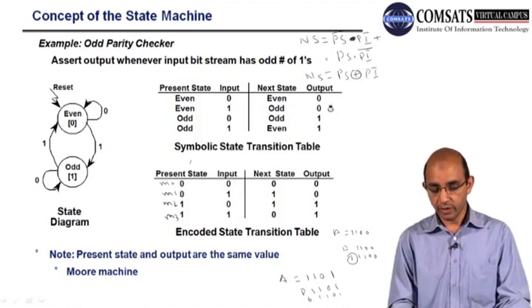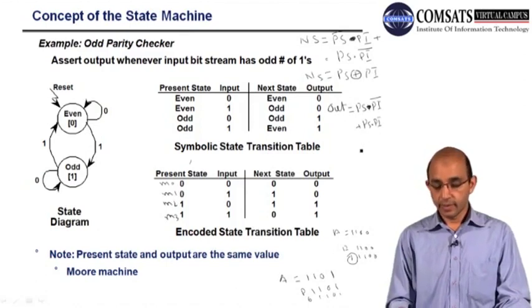For the output, we have 2 ones, M2 and M3. For M2, PS dot PI complement, because this is complemented, and then plus PS dot PI.